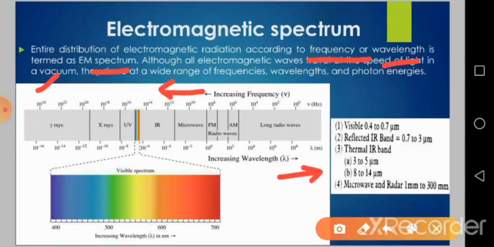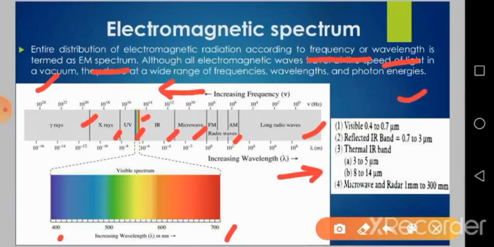The waves included here are gamma rays, X-rays, ultraviolet rays, visible light, infrared rays, microwave, radio waves, and long radio waves. Here 0.4 to 0.7 micrometer is called the visible spectrum.